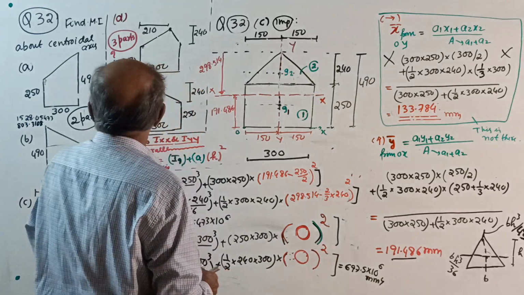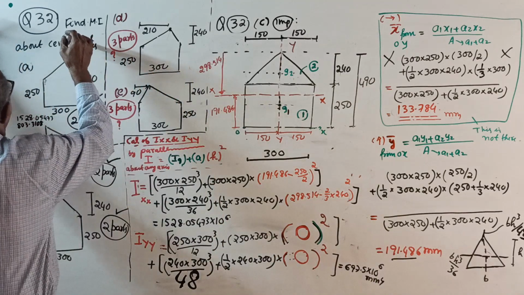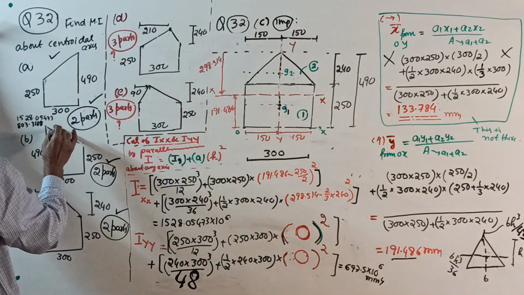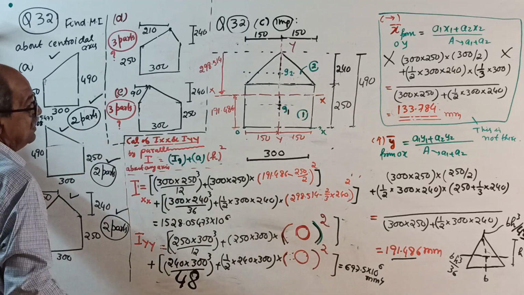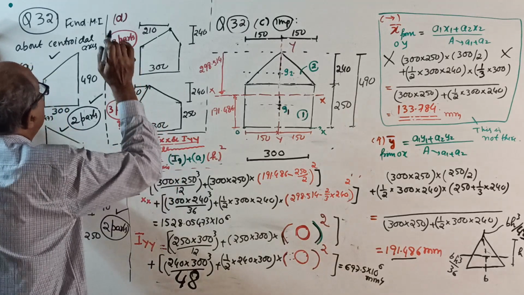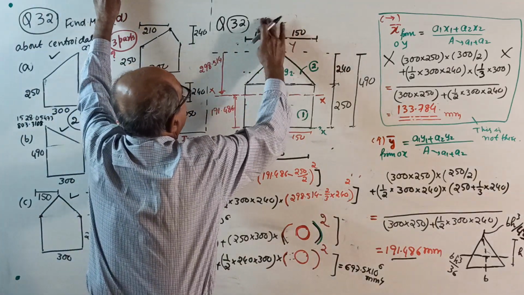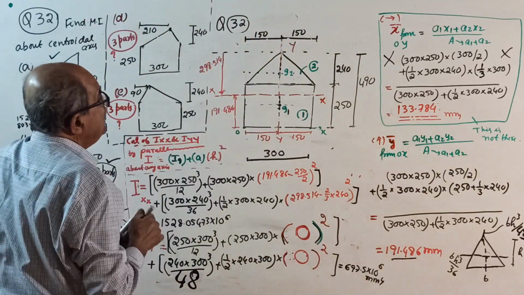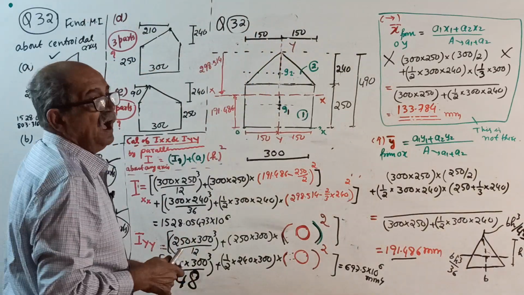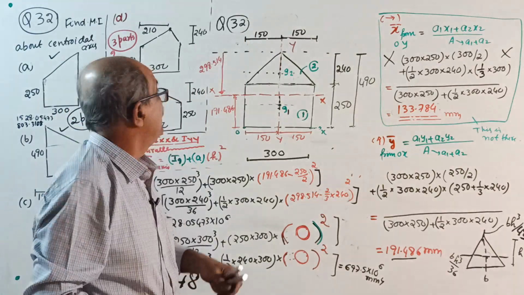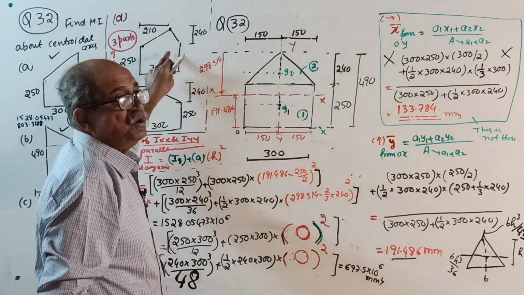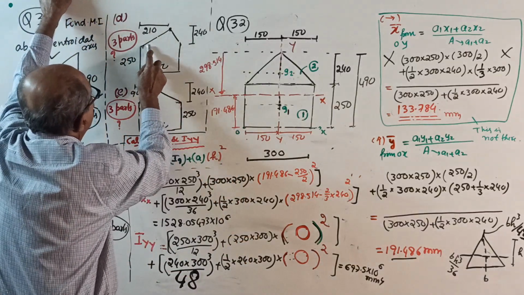Okay, now question 32A over, 32B over, 32C over. Now the most important, 32D and 32E. See, 32D and 32E are most important because here, I told you, you cannot divide into two parts.